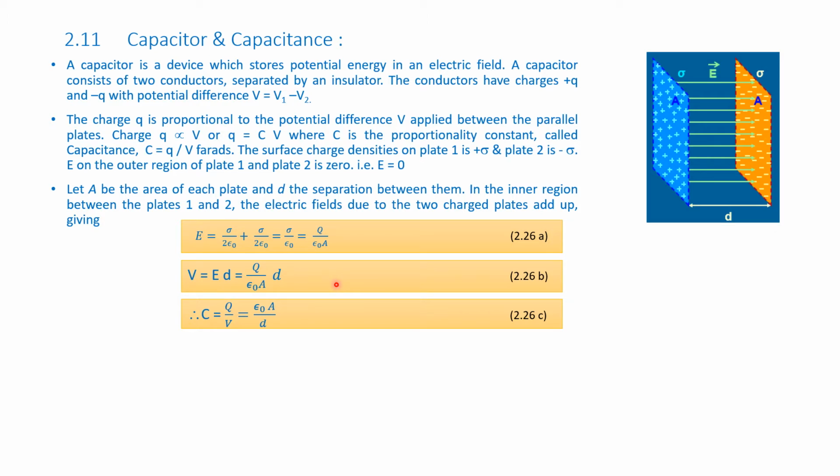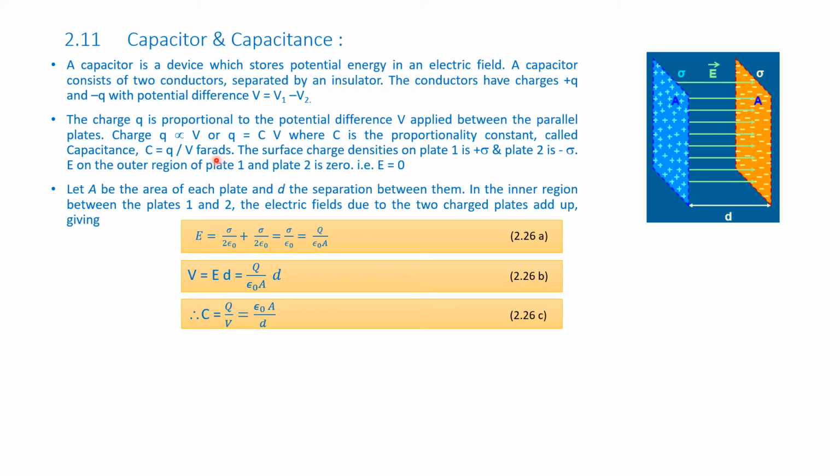We have also said earlier that Q is proportional to V, or Q is equal to CV. Therefore, C is equal to Q divided by V farads.